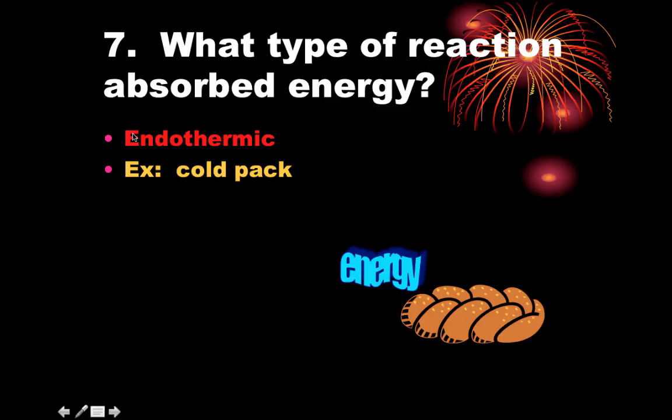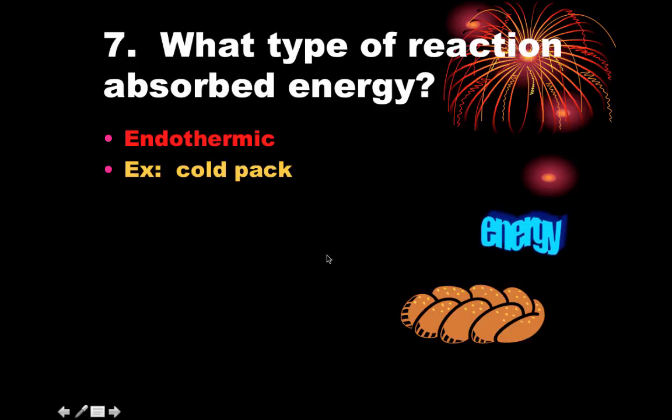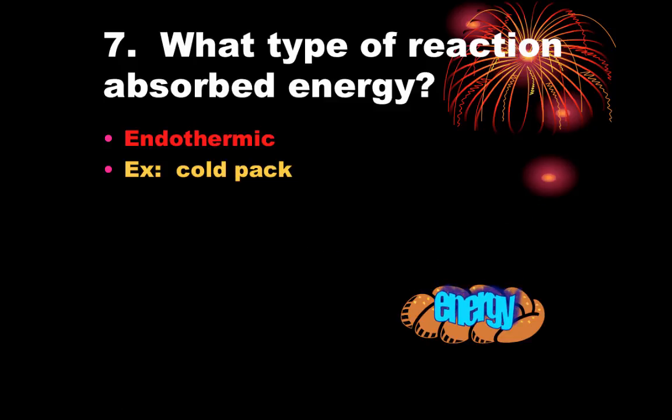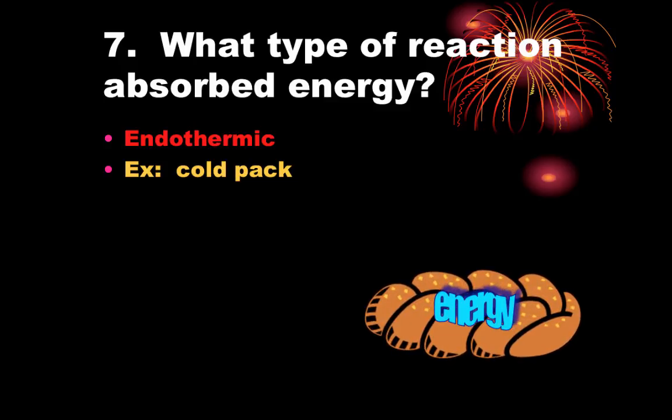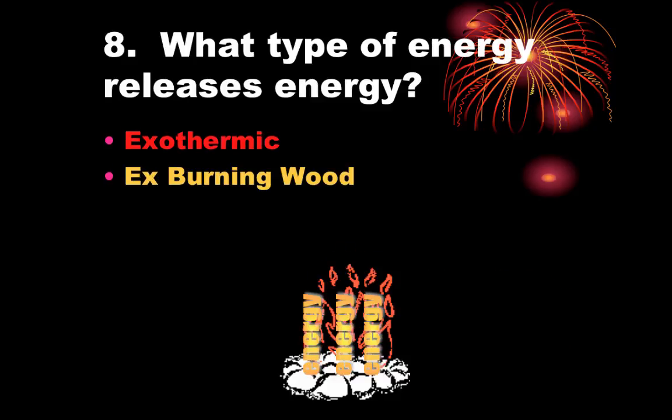And when we touch an endothermic reaction, if it's safe, then it's going to feel cold to the touch because all the energy is getting absorbed into that chemical reaction. So the heat is going to go into the chemical reaction.